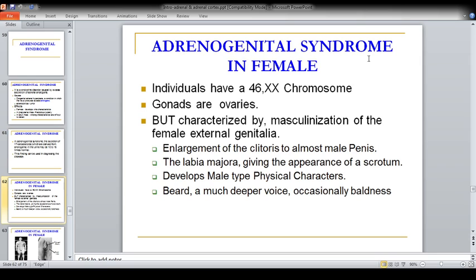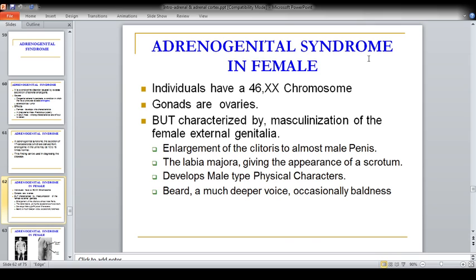So in Adrenogenital Syndrome, the individual would have a 46XX chromosome. So the chromosomal picture would be that of a female. In males it is 46XY, whereas 46XX is in females. So in females the chromosomes would be normal.